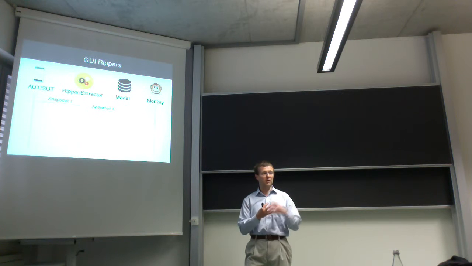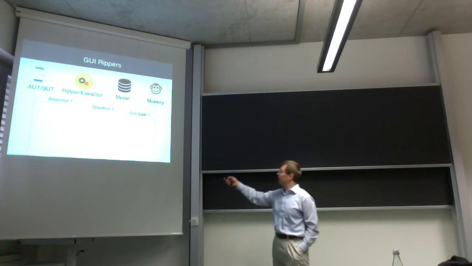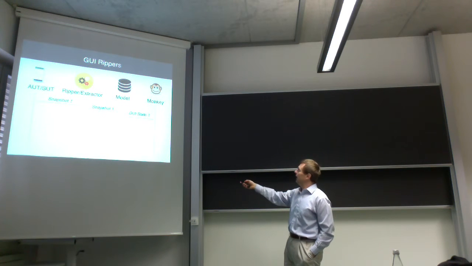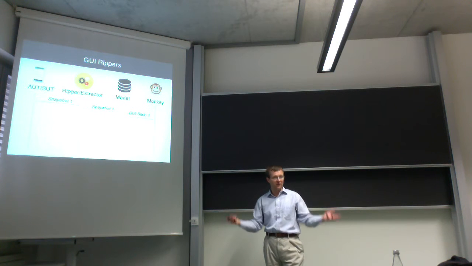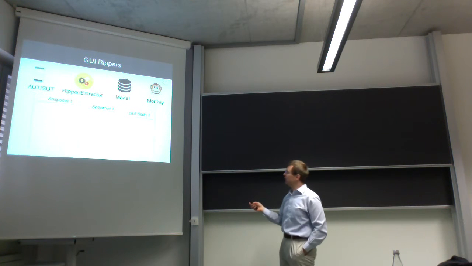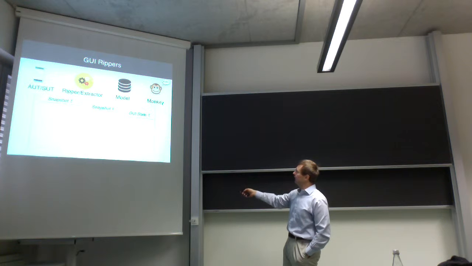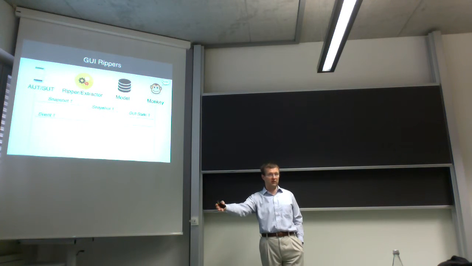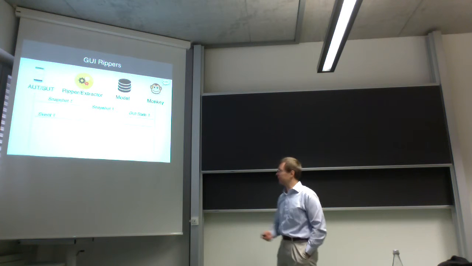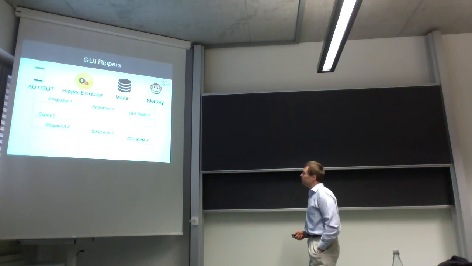For example, I moved from this object to this object, and that's something I can record in my model. Monkey knows that this is the state I'm in, and these are possible transitions from this state, because these are other things I see on the screen. And from this state, I can go to another state by firing this event. So this is the idea behind GUI rippers.